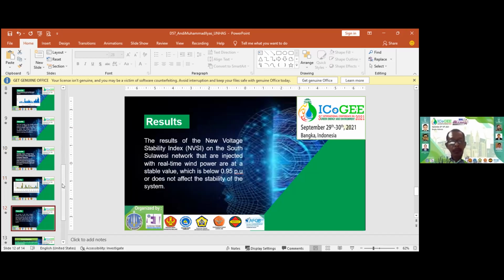The result of the new voltage stability on the South Sulawesi network, which is injected with real-time wind power plant, is at a stable value, which is below 0.55 pu, or does not affect the stability of the system. So the wind power plant in South Sulawesi does not affect the conventional system.